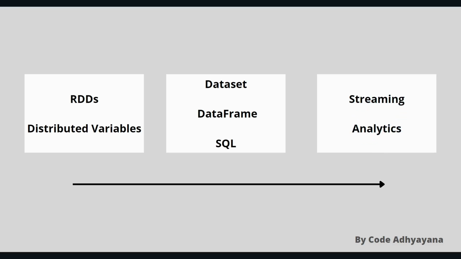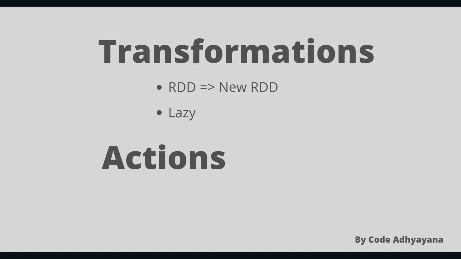Moving to the next topic, there are two kinds of operations. One is transformations, second is actions. A transformation creates a new RDD from an old one. A couple of methods like map and flatMap are examples of transformation. These are lazy in nature.